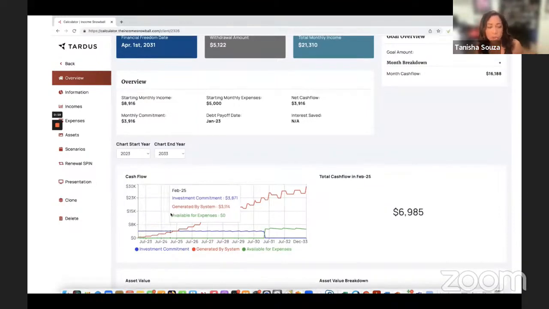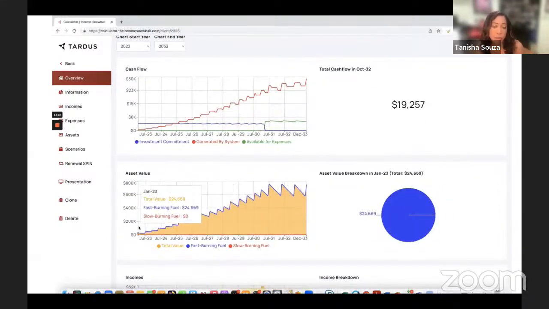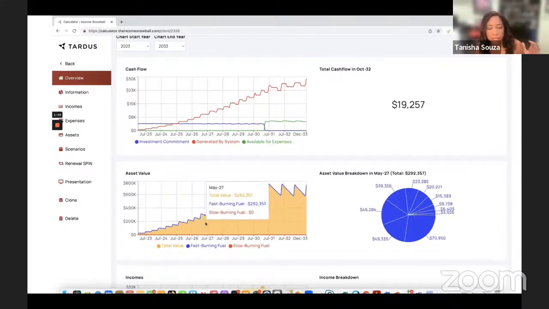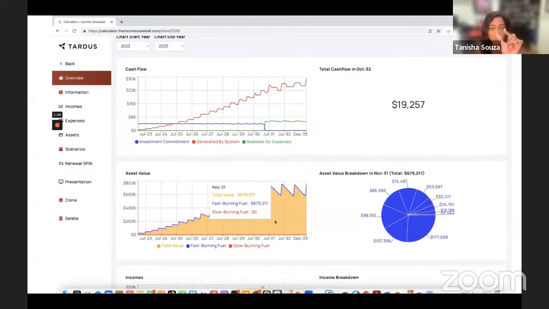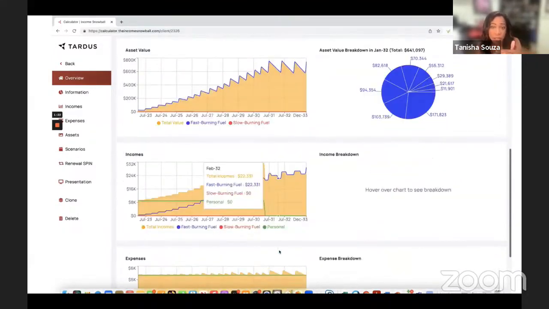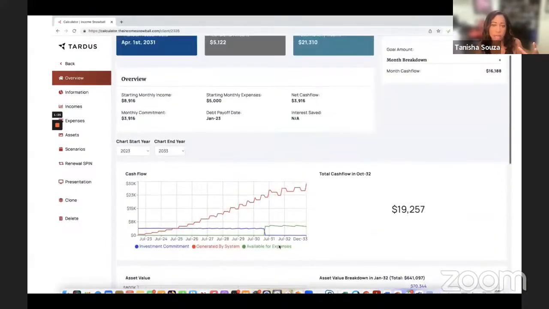Now, if you look at how the cash flow grows, in this case they're putting in about $3,900 a month, but then they don't have to put anything more in. They are generating $24,000, $25,000, $26,000 a month, and they have $5,000 available for expenses. Every one of those investments stacks on top of each other. So although each asset value goes down every 5 years, the asset total grows.